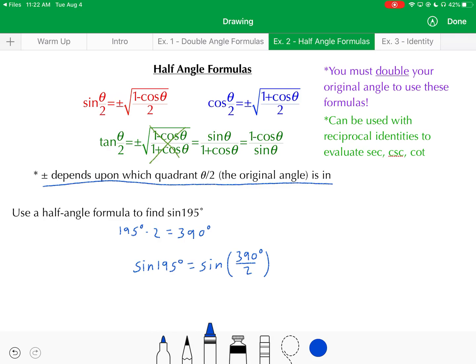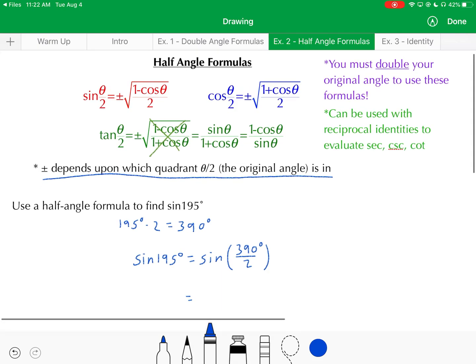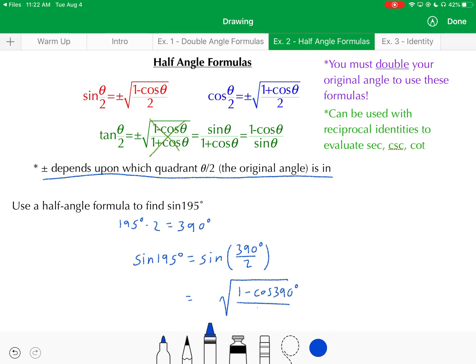All right, now apply your sine half angle formula, which is in red here, okay? And it's going to start off with the square root of 1 minus the cosine of that 390-degree angle all over 2. And then we also have to determine, should we keep this a positive square root or a negative square root, okay?